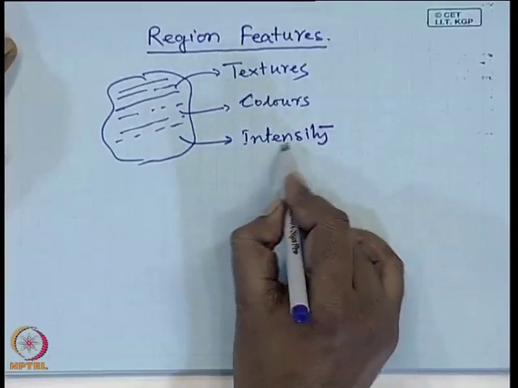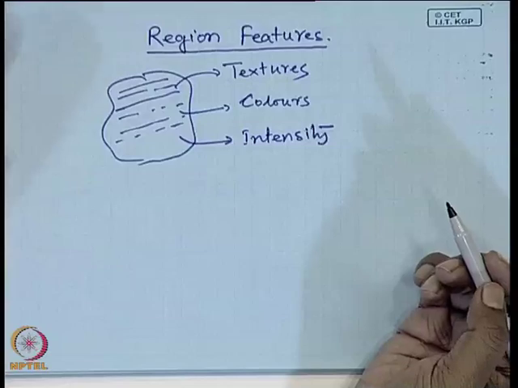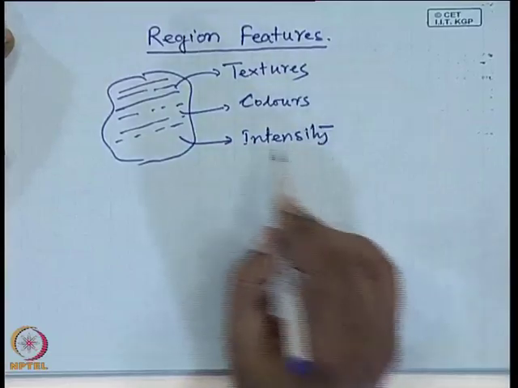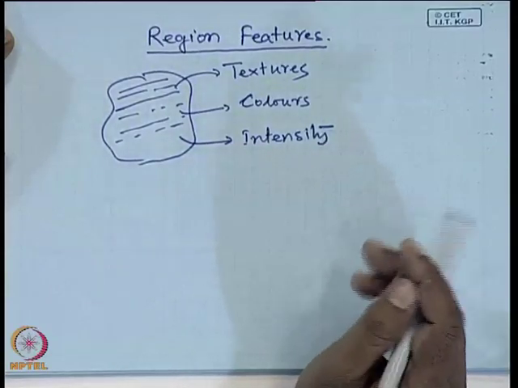So, this intensity value itself can be one feature, the color information of the region can be one feature, as well as the texture of that region can be another feature. If it is intensity value, it is a scalar function, so I get a single feature, not a feature vector, but that feature can be combined with other features to give you a feature vector.